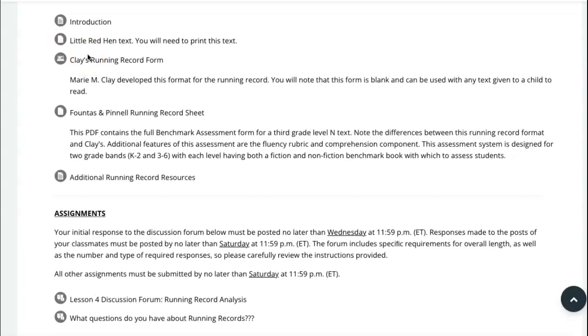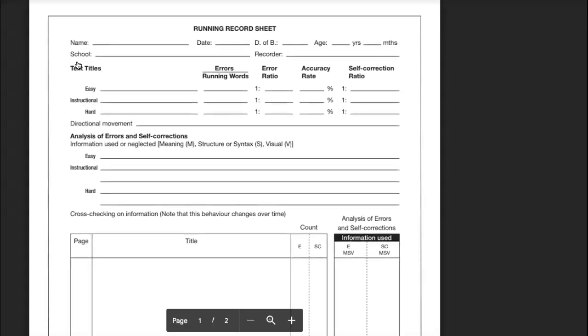You will find a copy of the little red hen text right here that you will need to print out. This is a copy of Marie Clay's running record form. And yes, it is blank because that way you can use it with any text the child is reading.